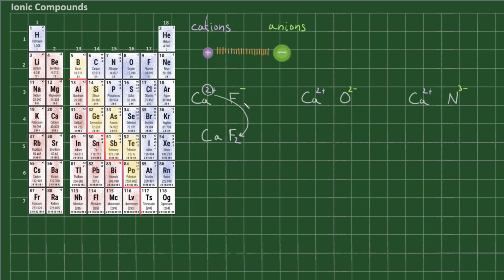The charge of the anion is 1-, but note that usually we do not write that 1 in, we just write in the minus. Now I'm going to write the 1 in, just to show you what is going on. So here's the 1, and this 1 will now be taken and placed after the calcium. So the ratio in which a calcium cation and a fluorine anion will combine is 1:2.